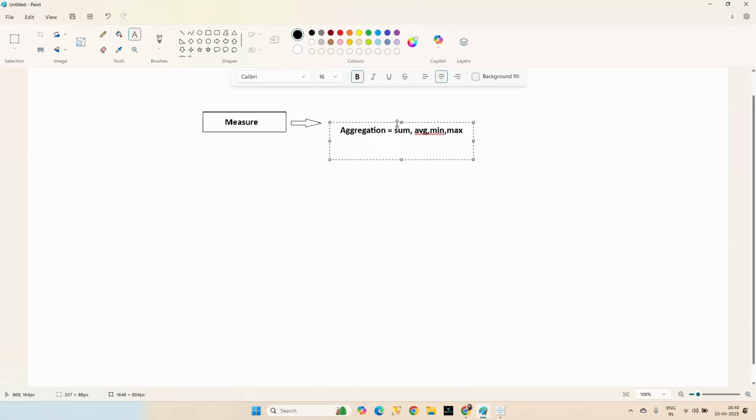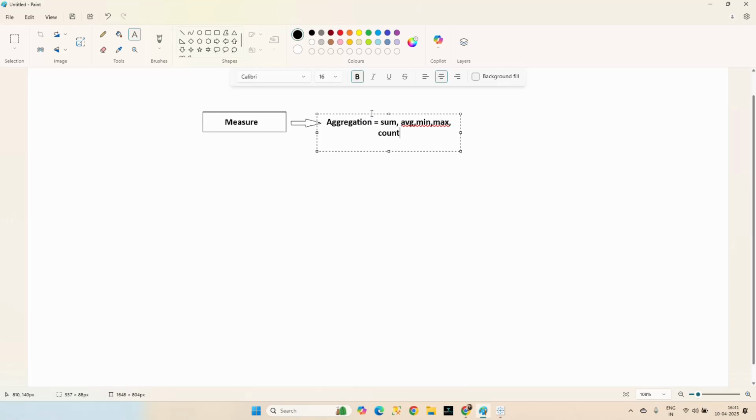All these are aggregations. When we apply aggregation on the measures, we can get a meaningful output, right? So sum of sales, average price, average profit, min of discount, max of discount, count, all these things are aggregations we can apply on the measures.